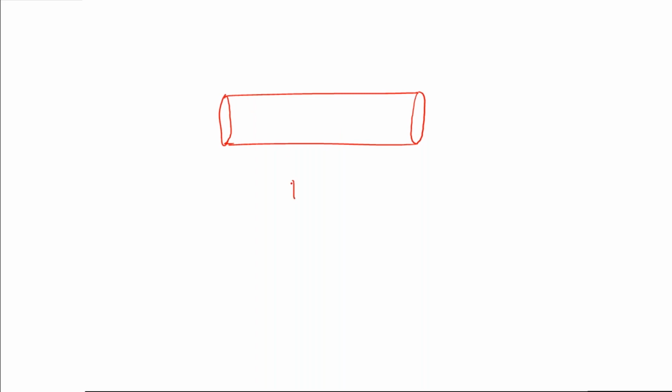Suppose initially there was no electric field in this conductor. What will happen? Electrons will be moving randomly inside the material. Suppose this is an electron.